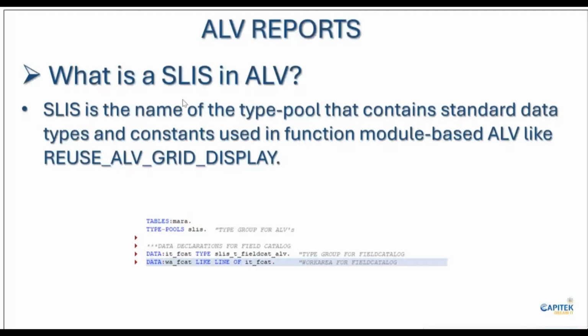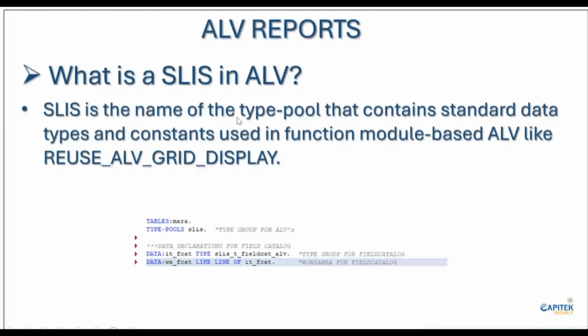When something is declared globally, you can use it anywhere in the program. Similar to that, SLIS is a kind of type pool which is a global declaration given to us by SAP.